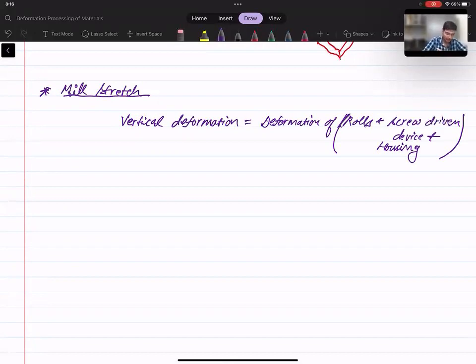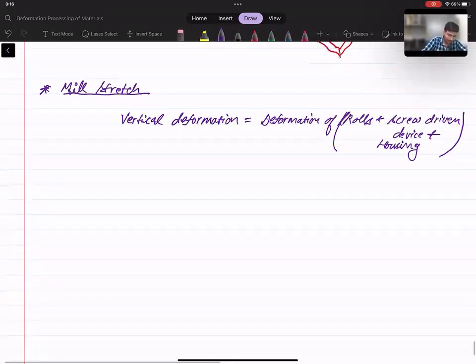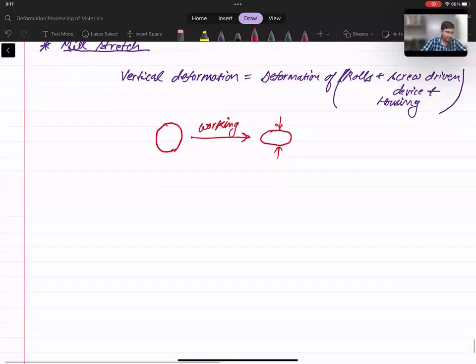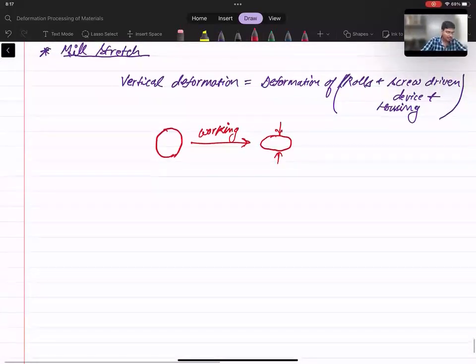Okay, so suppose if my rolls were circular in shape, then during working they may get deformed to some shape like this. Okay. So there is a term known as mill stretch, and it is given in terms of the mill modulus.